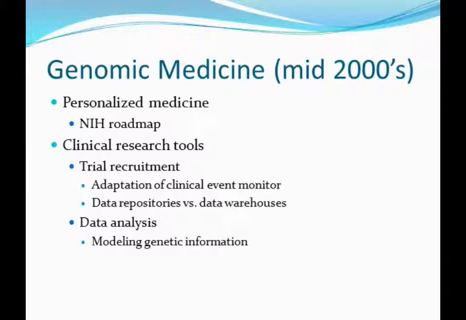It seemed almost that the informatics support at the time went back to the medicine as a science and the discovery components of the pre-1990s, where informatics tools were around trial recruitment and data analysis. Trial recruitment, such as adaptations of clinical event monitors to alert that certain patients may qualify for different trials, and data analysis and modeling the genetic information and how that could be accessed.